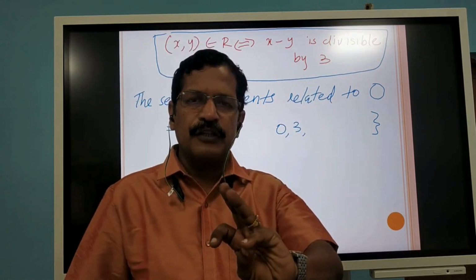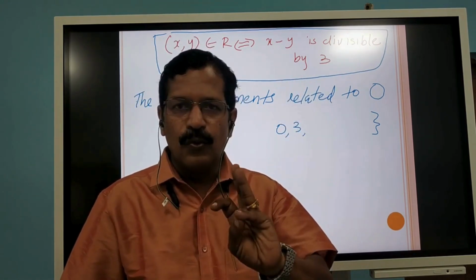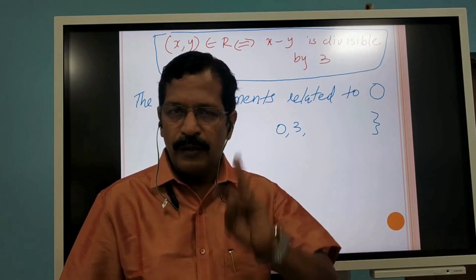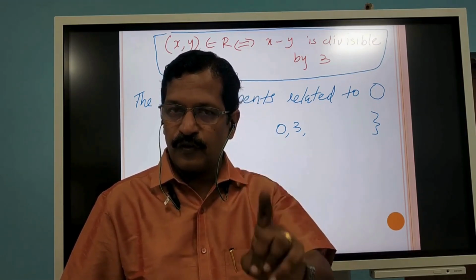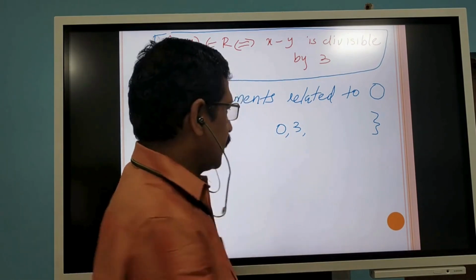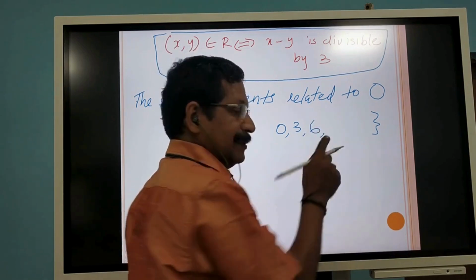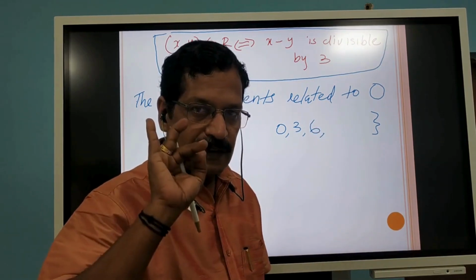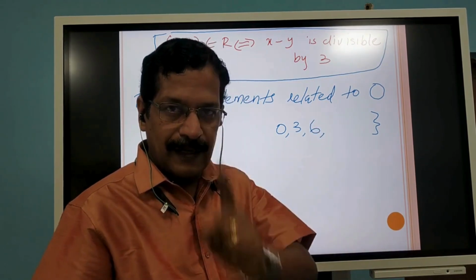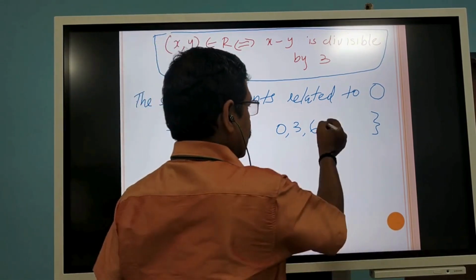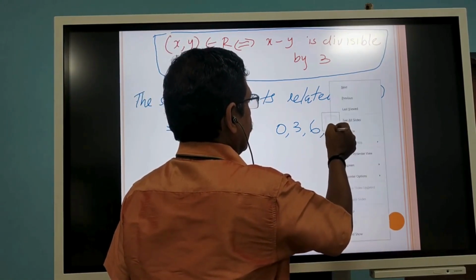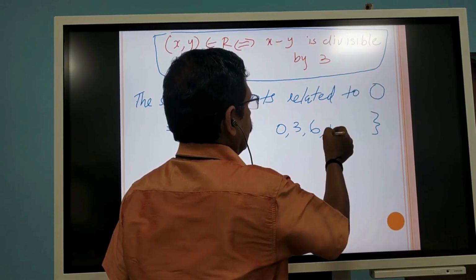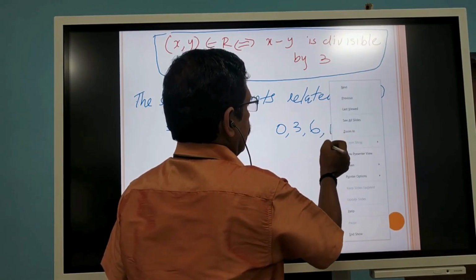Now, whether 4 is related to 0? No. 4 minus 0 is 4 only. 5 is not related, but 6 is related to 0. So 6 minus 0 is 6, divisible by 3. So 6. Now, next is 7 not related, 8 not related, but 9 is related to 0. So it is 9, etc.